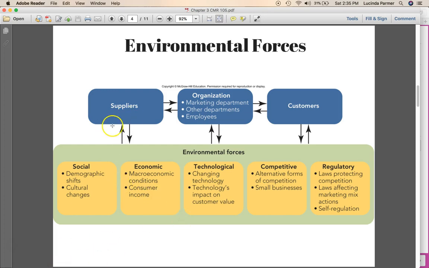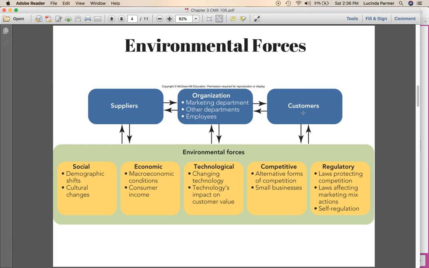We have the main ones down here: social, economic, technological, competitive, and regulatory. So we have this graphic here on environmental forces, and of course suppliers go along with this, the organization or the company, and everyone within, and of course, customers.